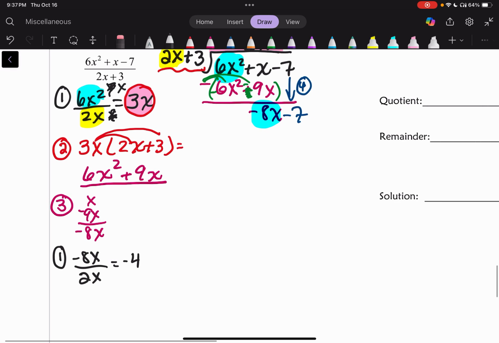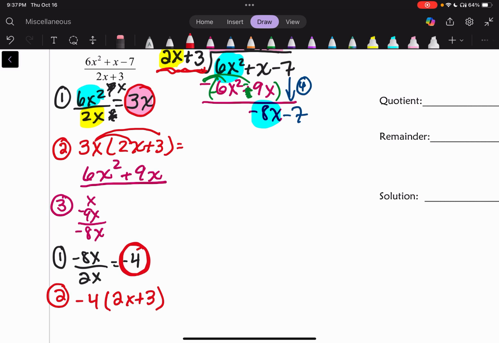So then from there, you need to multiply. So we're on step 2. Step 2 tells us that we are going to take this negative 4 and we are going to multiply that by our divisor, which is that 2x plus 3. Now, if you're thinking, Miss Cruz, once again, you have forgotten to put that number up at the top as part of our answer.